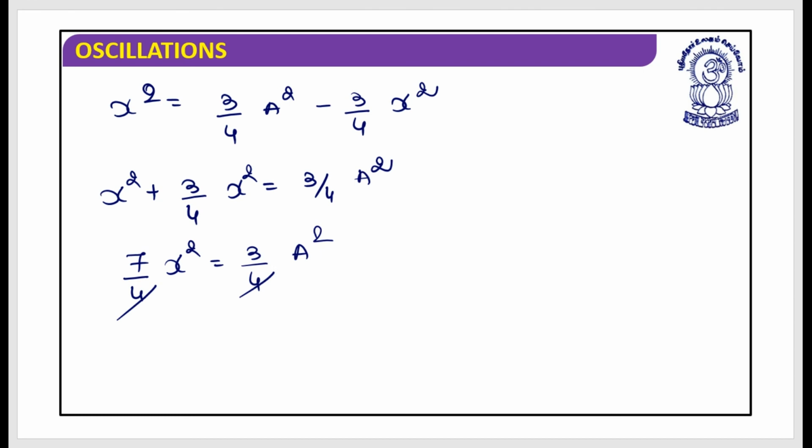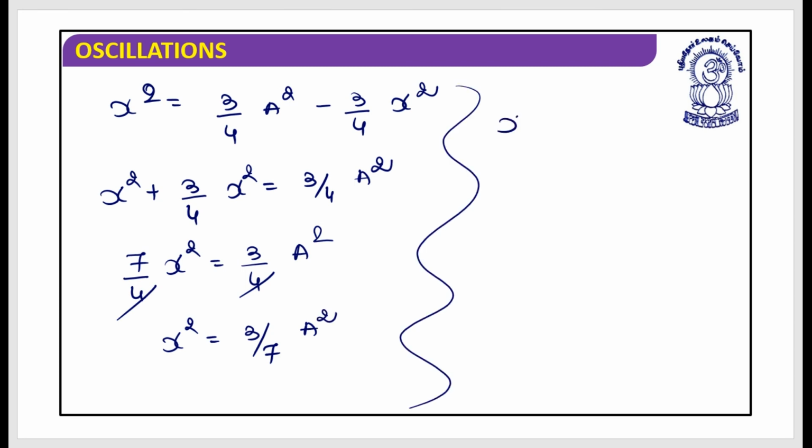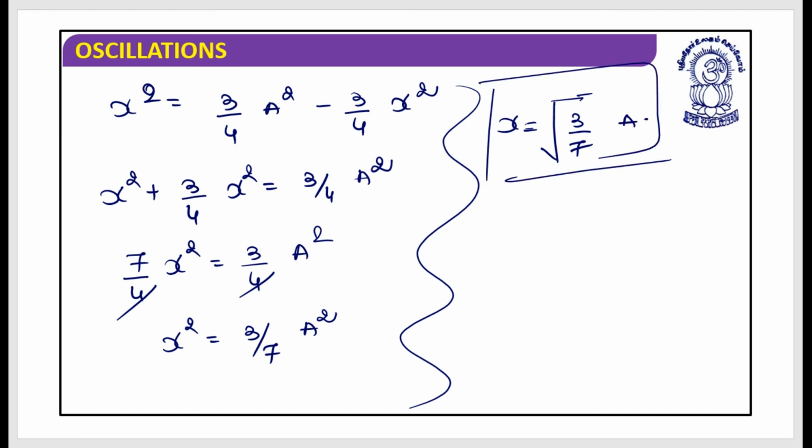This has gone, this has gone. So x square is equal to 3/7 a square, and from this, x is equal to root of 3/7 times the amplitude a. This is the correct answer. This is the displacement of the particle when the potential energy of the particle is 3/4 of the kinetic energy.